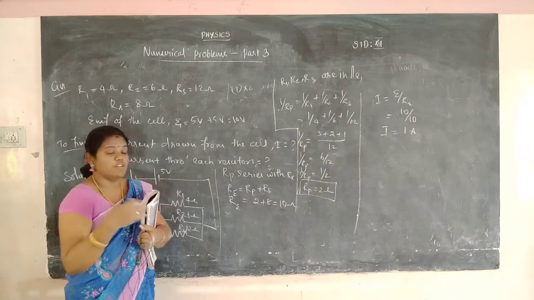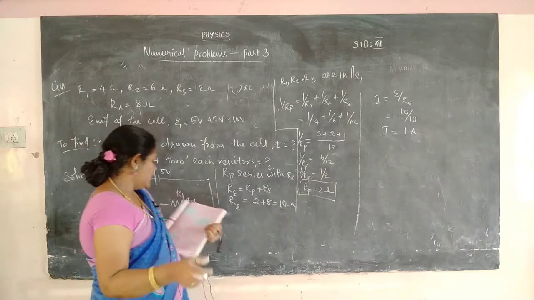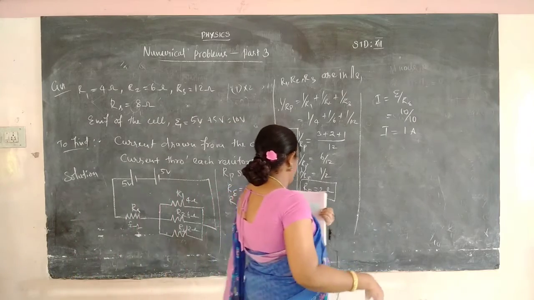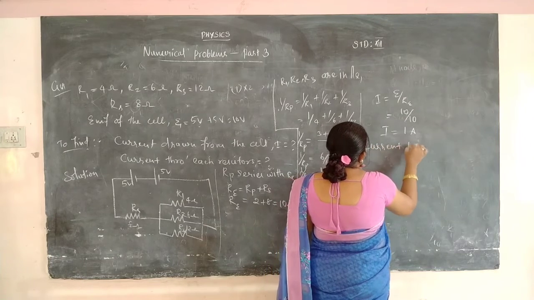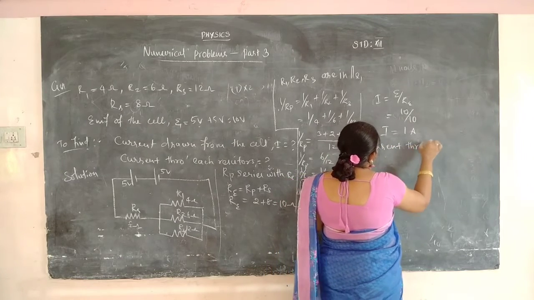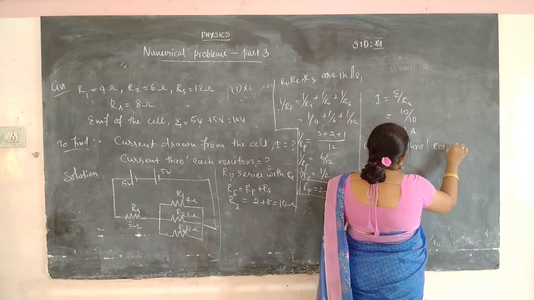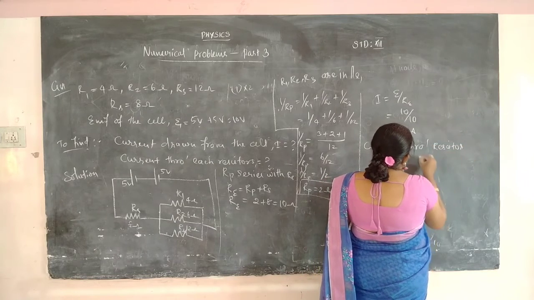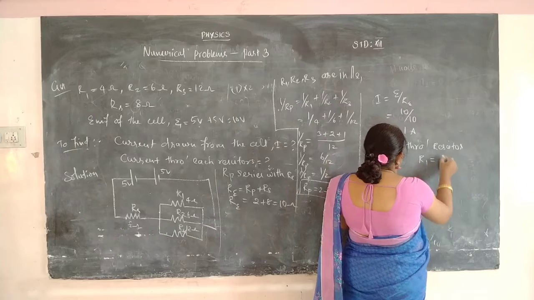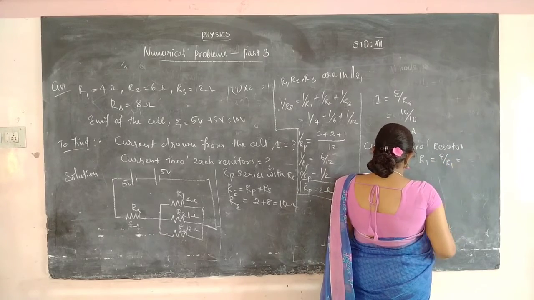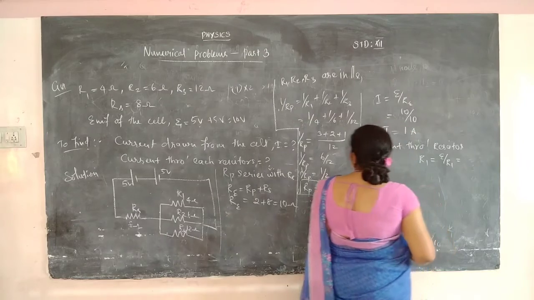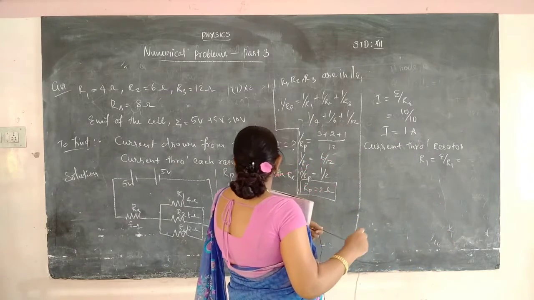Now current will be flowing through each resistor. We have to calculate how much current flows through each resistor. So current through the resistor R1 is equal to psi by R1. What is the psi value?